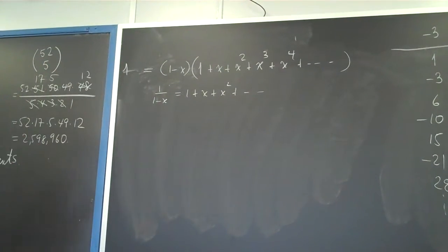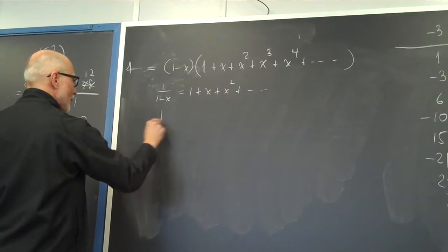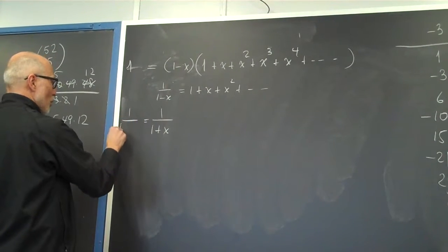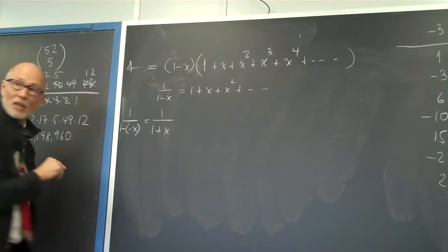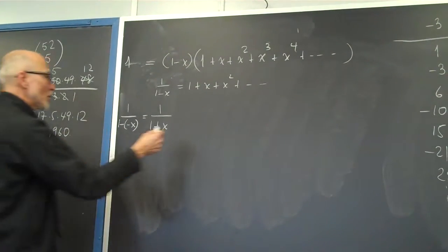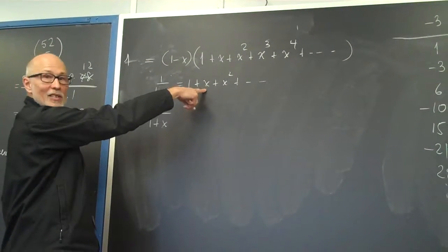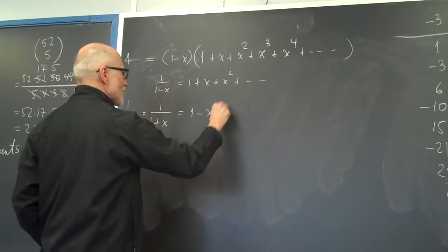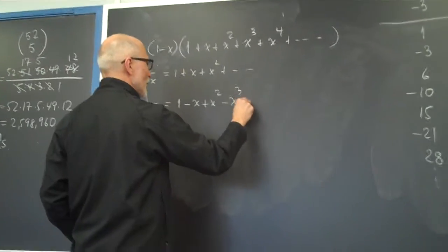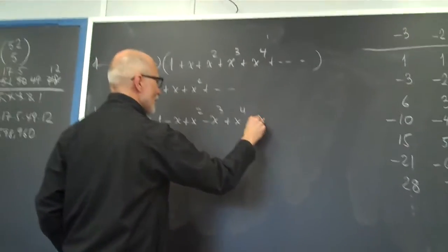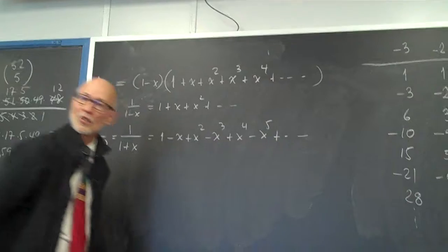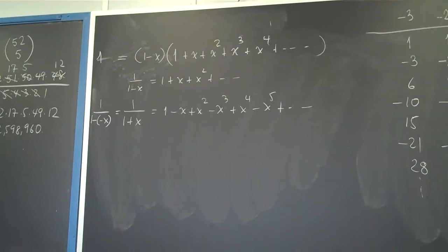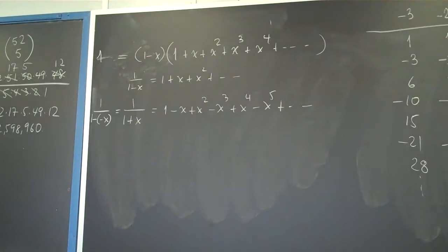Well, that would mean that 1 over 1 plus x, that's 1 over 1 minus (minus x), is equal to, putting minus x into this, 1 minus x plus x squared minus x cubed plus x to the 4th minus x to the 5th, and so on. In other words, I'm getting an alternating series of plus and minus 1.